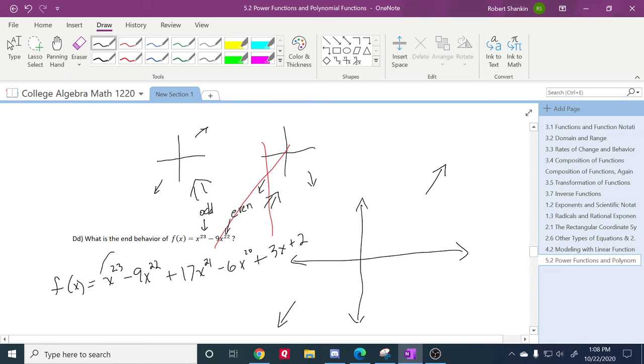All I would do is focus all my attention right here. Since it's odd with a positive coefficient, it's going to have this end behavior, and that's it. To the right it goes up, to the left it goes down.